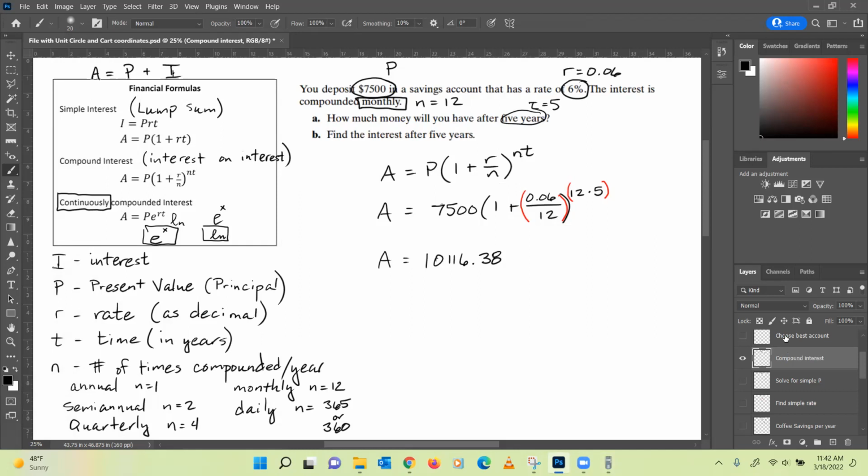After the second year, they don't just look at the 7,500, they look at the 7,500 plus 6% of that, which would be 7,950. And they're going to take 6% of that for the second year. And that's how compound interest works. It just keeps adding the interest and then taking the next year interest on that new amount.